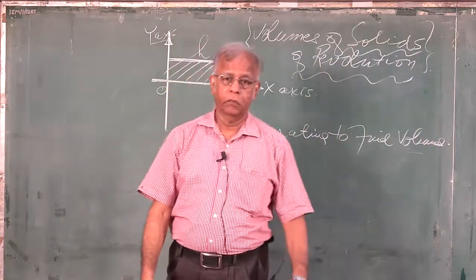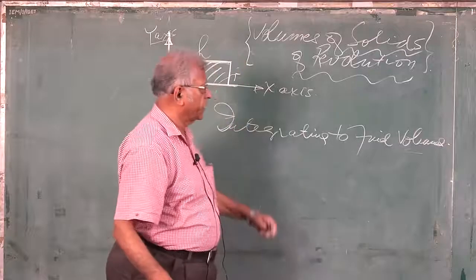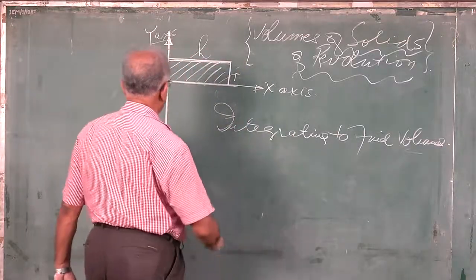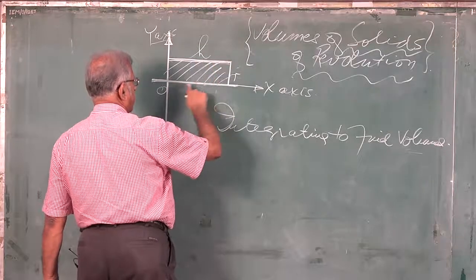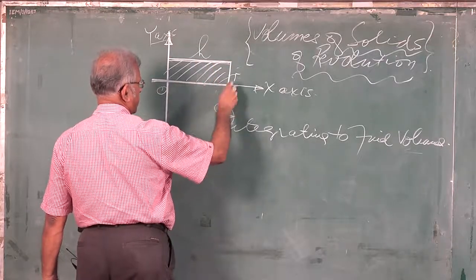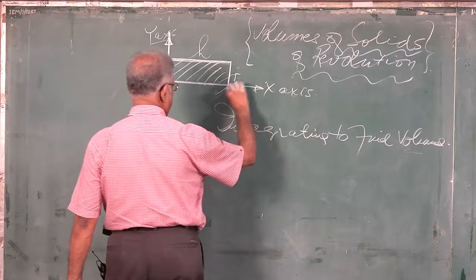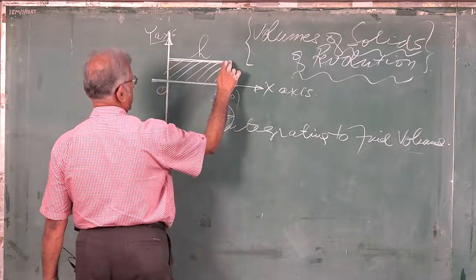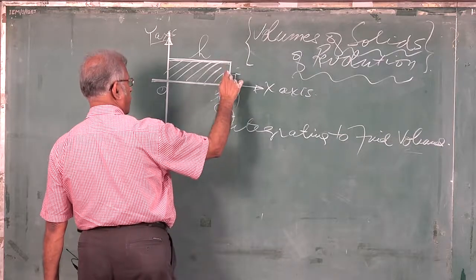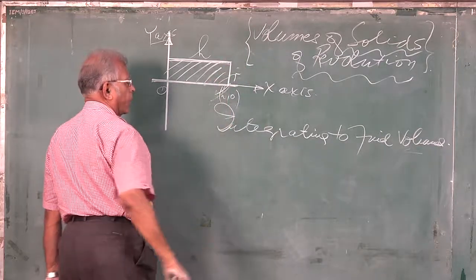We have taken as a very simple illustration a rectangular area that has this point, which can be taken as the origin. That means its length is h and its width is taken as r.